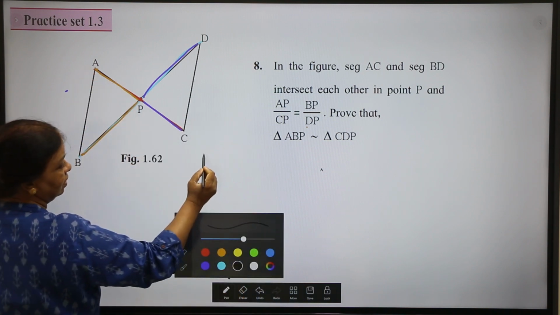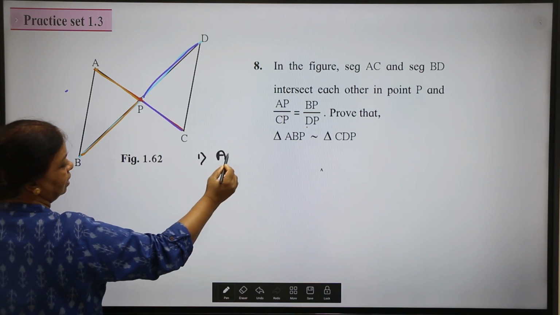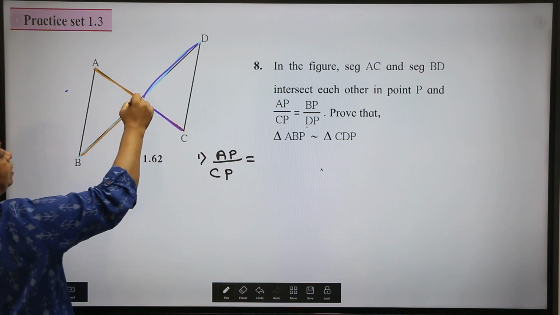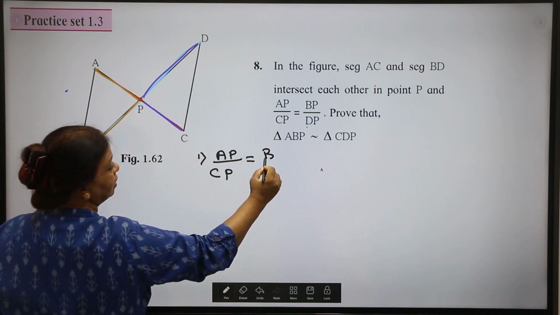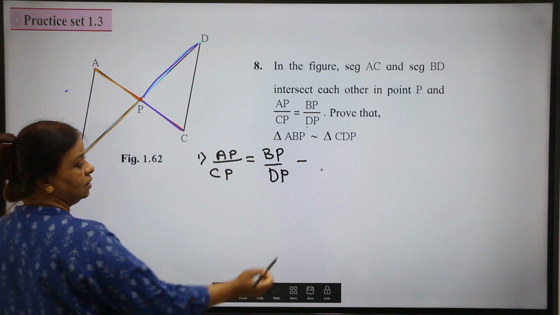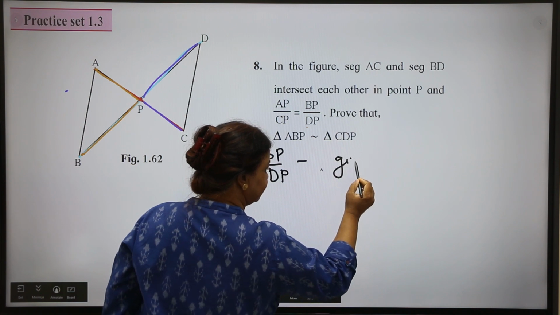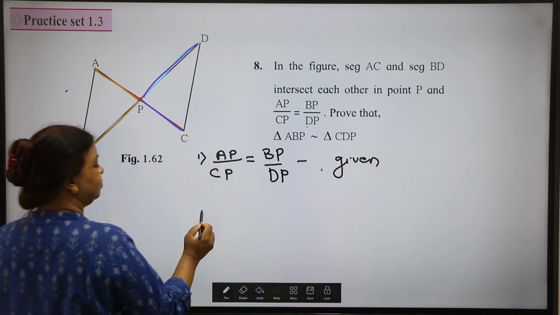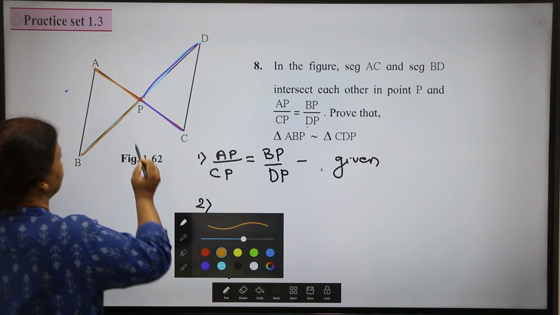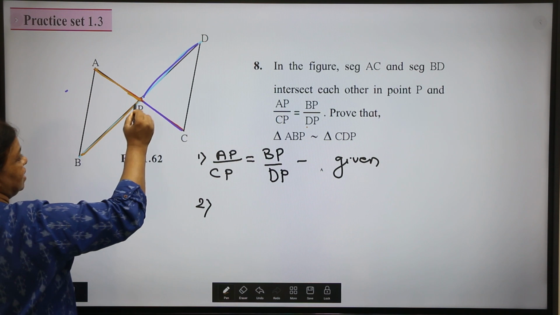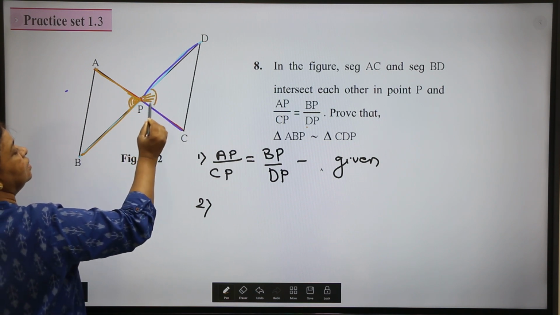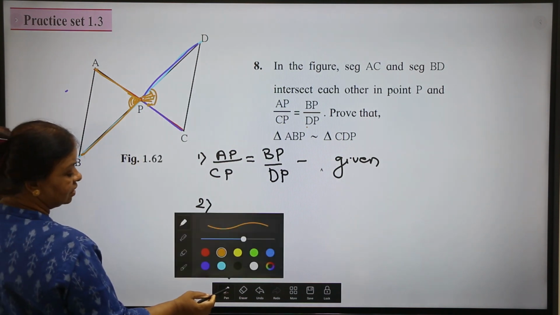First we will start from given that AP upon CP is equal to BP upon DP, and the reason is given. First point. Second point, you can see this angle is equal to this angle, and these are which angle, children?